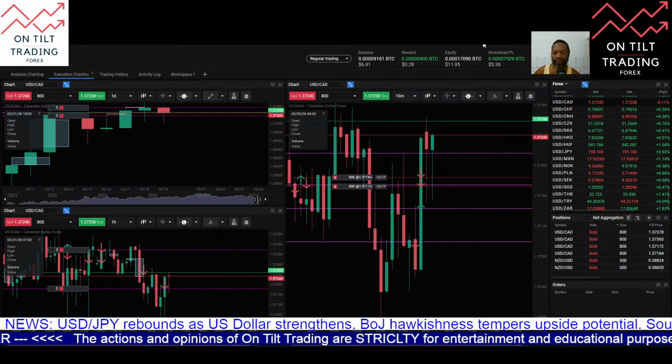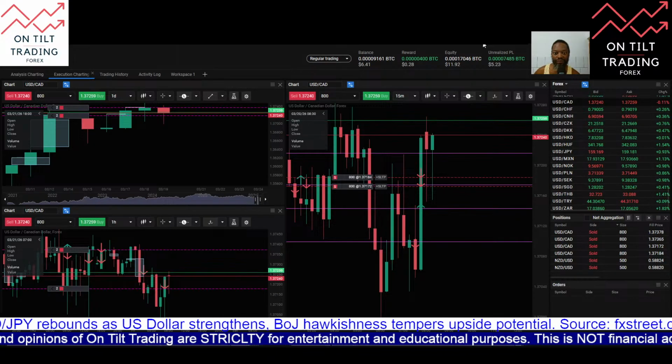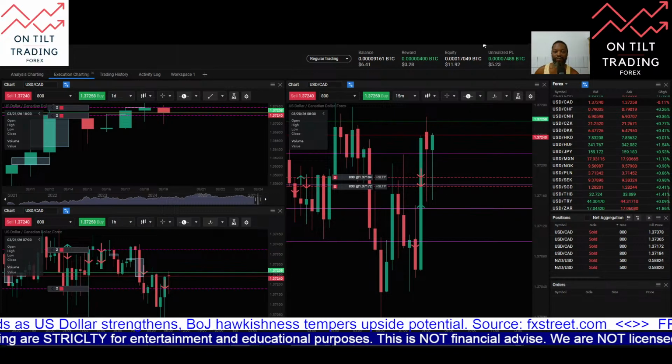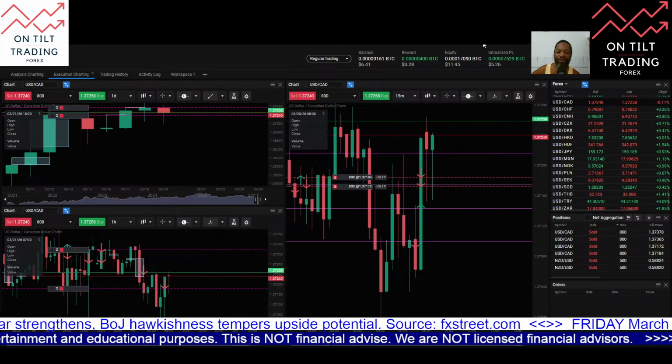Price going back to test that 137,250 level. See if we get any return to sell side delivery here.